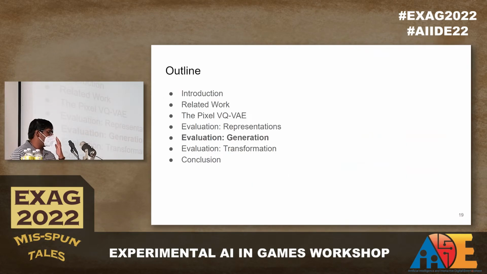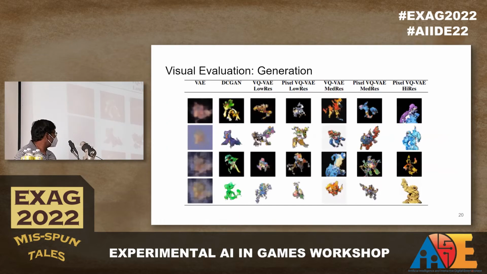We also use these learned representations on 2 different downstream tasks. The first is generation. So we use 2 baselines, the VAE from before, which we are not going to talk about, and the DC GAN, which is similar in architecture to unpublished works that work on generating new Pokemon. You can see on the DC GAN here that it generates vaguely Pokemon-ish shapes, but there's no pixel art aspect to them.